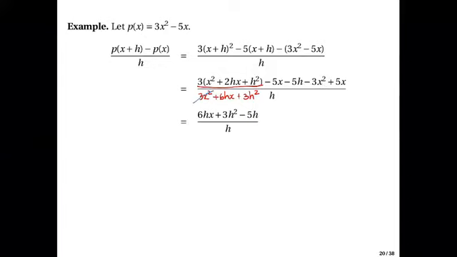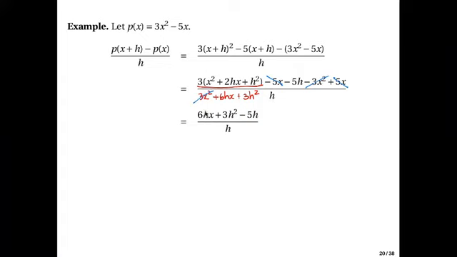So this guy here will cancel this guy here. And then notice, you have minus 5x, then plus 5x. So this cancels this. So the simplified version will be 6hx plus 3h squared, then minus 5h. And of course, you still have your denominator h here.